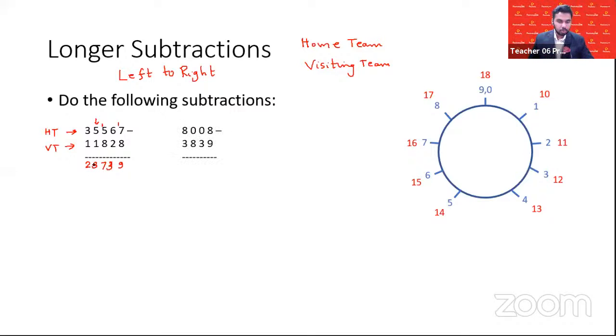Let us do one more sum. This is a subtraction of 4-digit numbers. You can see the 4 batsmen in the home team and 4 batsmen in the visiting team. So 8 minus 3, no issue. But you can see the issue coming next, 0 minus 8. So here there should be a carry and you should put 2 here.